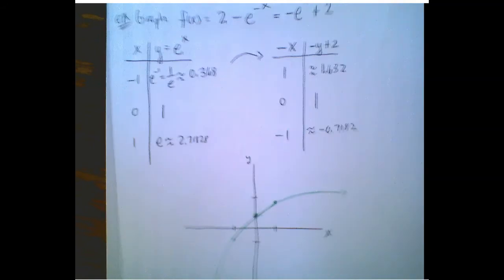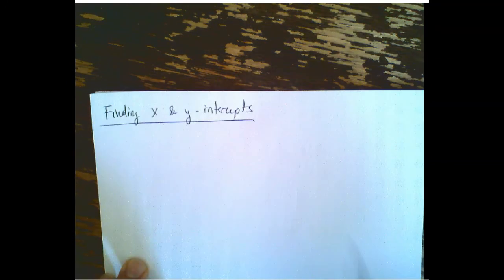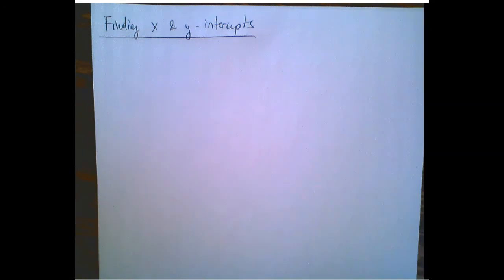All right. Let's deal with finding some intercepts, and then that'll do it for this lecture. So, finding x and y intercepts. Just like with all the rest of the functions, to find an x-intercept, we plug in 0 for y, and to find a y-intercept, we plug in 0 for x, right?